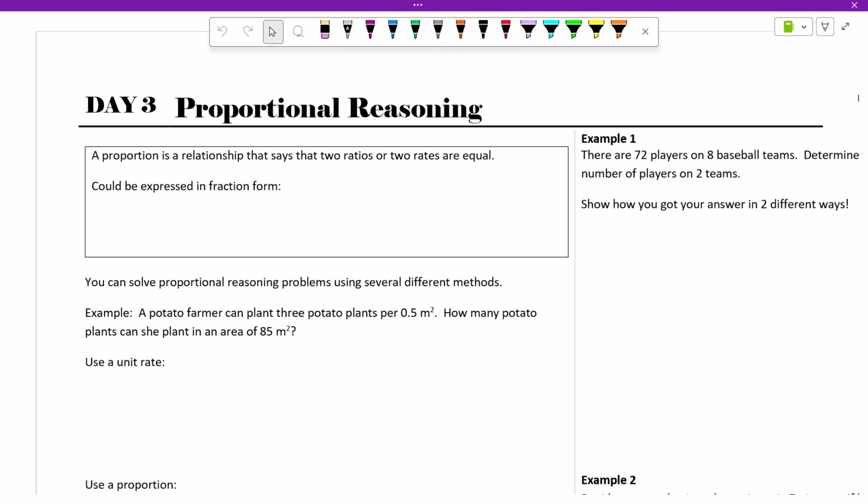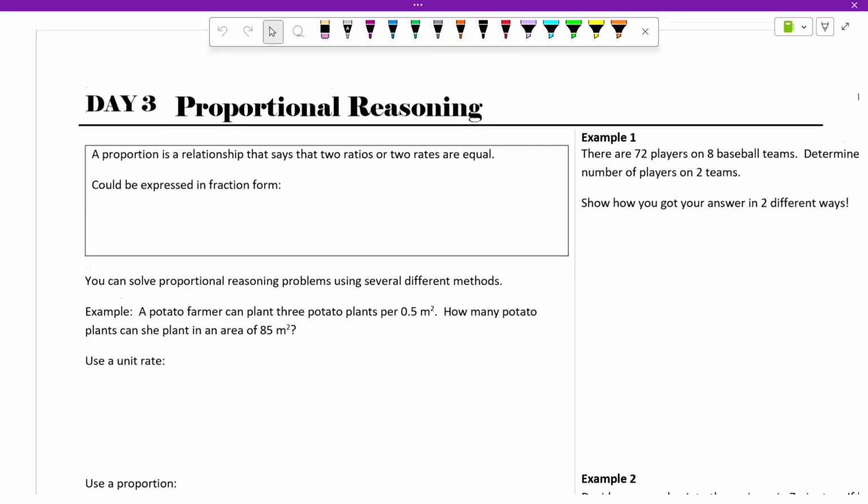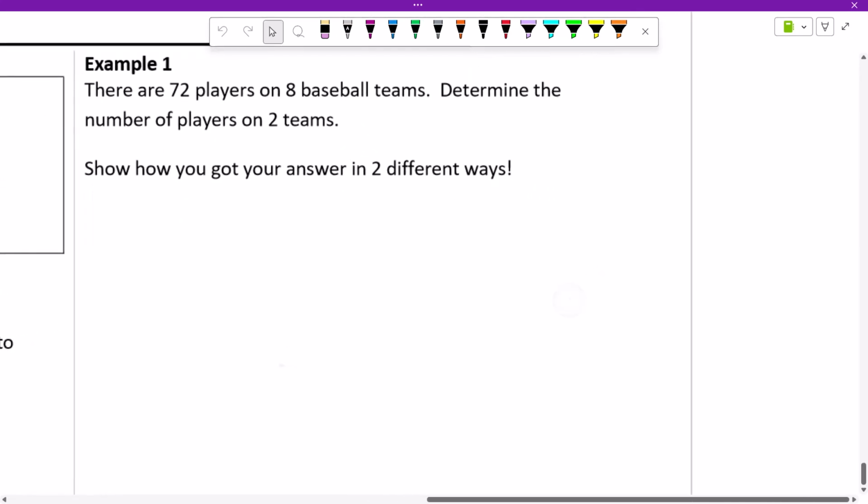One is called setting up ratios. Those are your fractions. The other method is called a unit rate, which we did a couple of questions right before we left. Right? So we're going to start off with working with ratios and fractions. Those words are sort of interchangeable at the moment. They're not quite exactly the same thing. Okay. And then we'll do it with a unit rate as well.